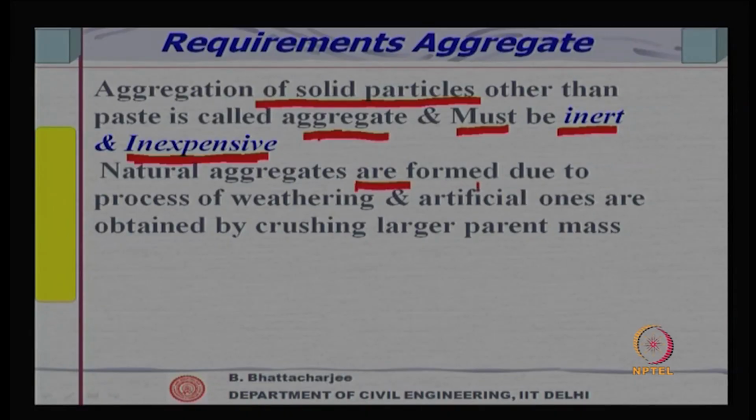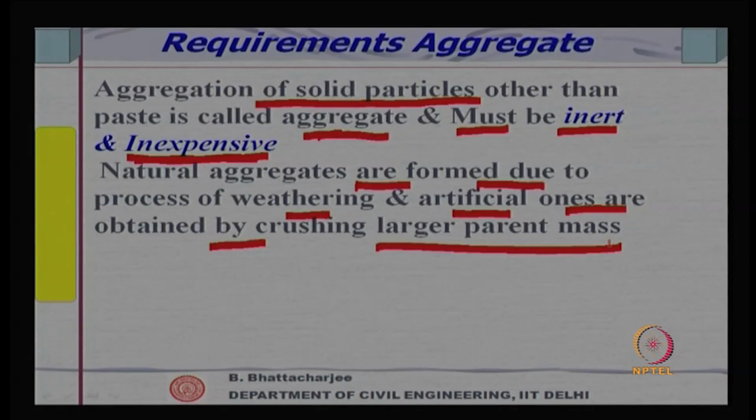Natural aggregates are formed due to the process of weathering, and artificial ones are obtained by crushing a larger parent mass. Well, I would not call the second ones artificial, these are called crushed aggregates, actually. So, you can have natural aggregates, that means natural gravels or natural sand, which are available as they are, and they are formed by the weathering action on parent rocks.